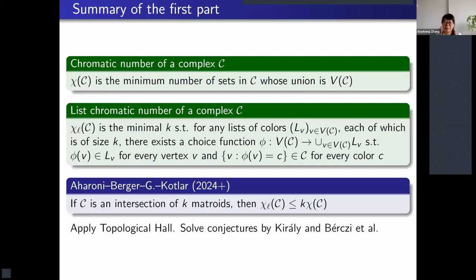If you understand what happens in one copy, then you understand what happens for the join of them. Right. Thank you. Yeah, so that's why people want to understand what happens about the intersection, because they are on the same ground set. Right. And you try to influence each other.